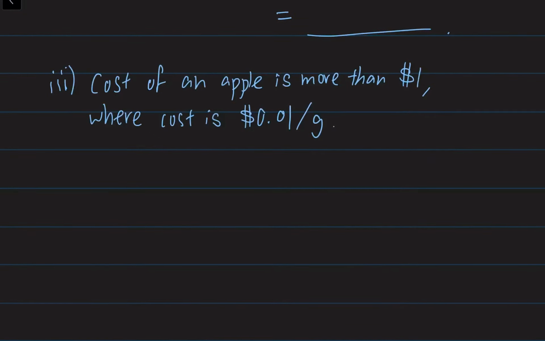What are you trying to find? The cost of the apple is more than $1, but not the weight of the apple. You see, A was the weight. I need to use this guy here times to convert weight into money, right?